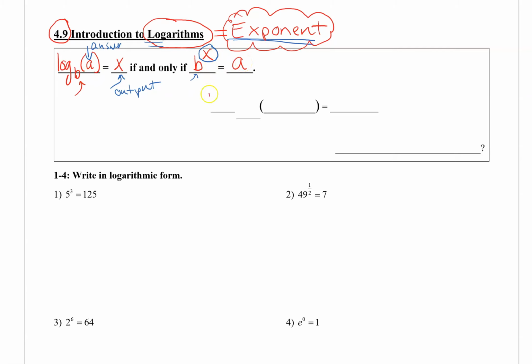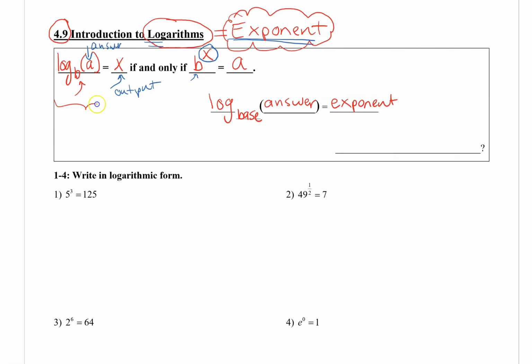So the other way to think of this is our three letters, L-O-G, our subscript, which would be the base of our exponential expression. The inside of the log is the answer, or the result of the exponential expression. And the output of the log is the exponent, or the power from the exponential expression.